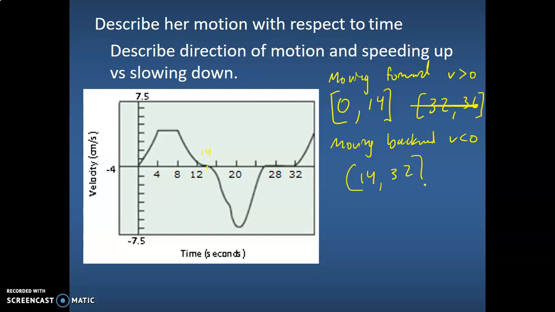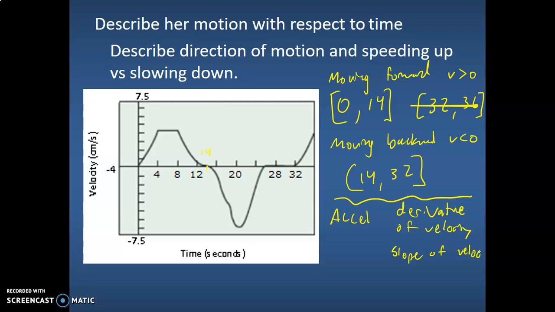Now, the acceleration is the derivative of velocity. Now, since we don't have an equation, the way we'd find the derivative by looking at a graph would mean that it's the slope of the velocity.